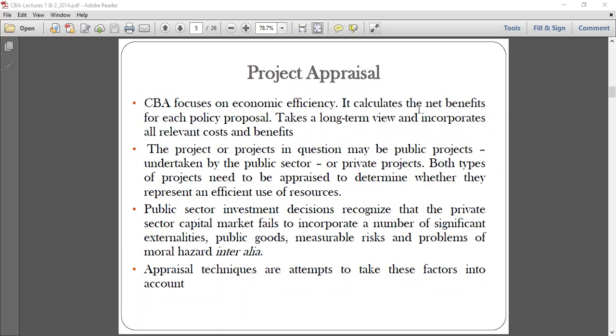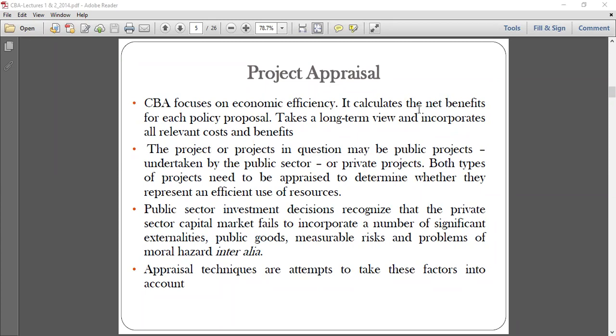So CBA will try to make sure that resources are being allocated efficiently. After the CBA analysis, if we feel the benefit we'll be getting from this project is way lower than the cost, then we don't have to do it. Otherwise, we would just be wasting the resources in that area. So we try not to do that.